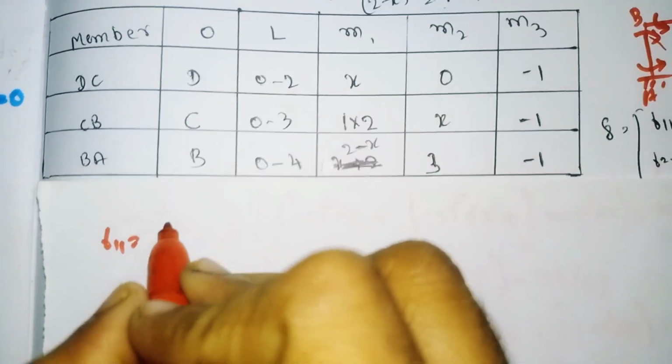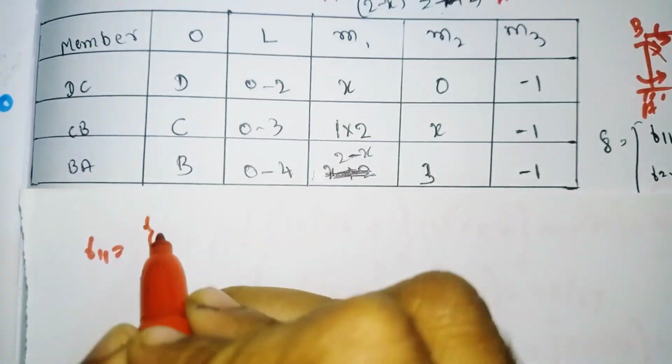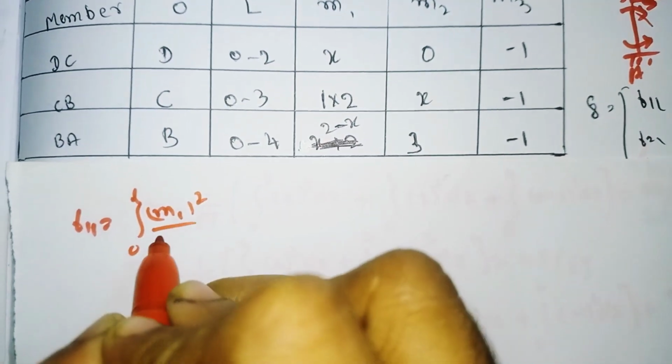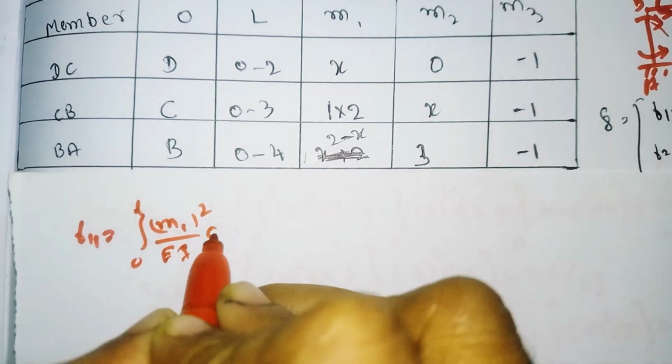F11 is equal to, we have the formula, integration of 0 to L M1 square divided by EI into dx.